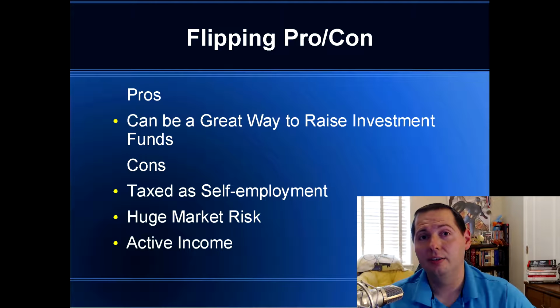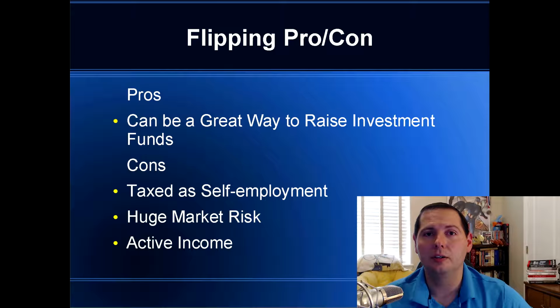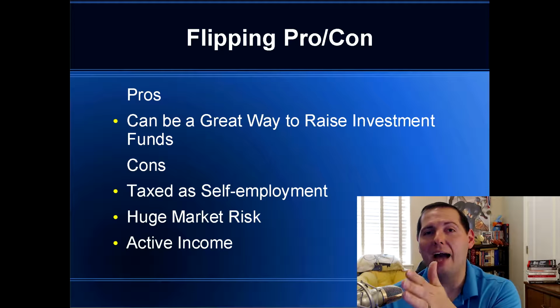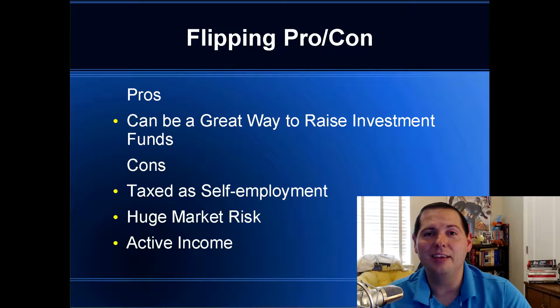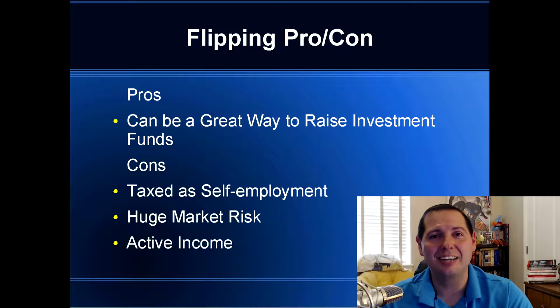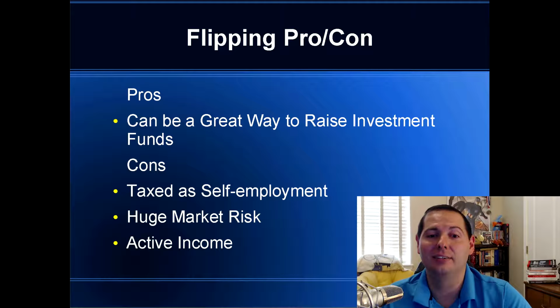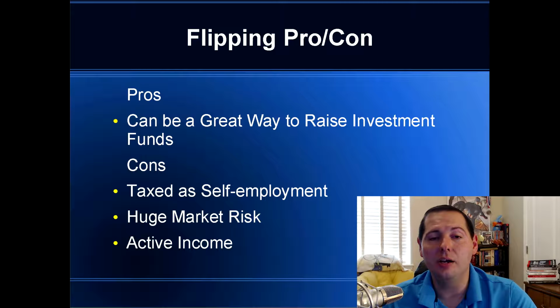That's something very important to realize: there's a different way that you're taxed between when you're passive and when you're active in an enterprise. In the case of real estate investing, flipping is considered an active activity for the purposes of income tax. So that's something you want to be understanding of.